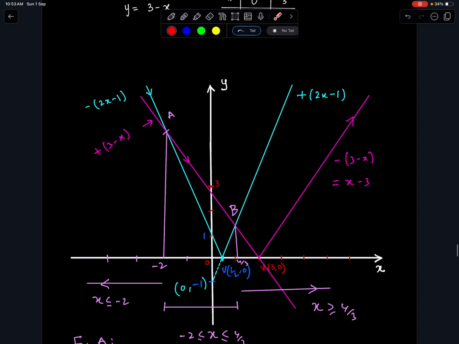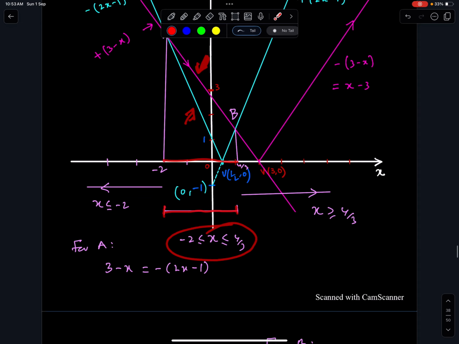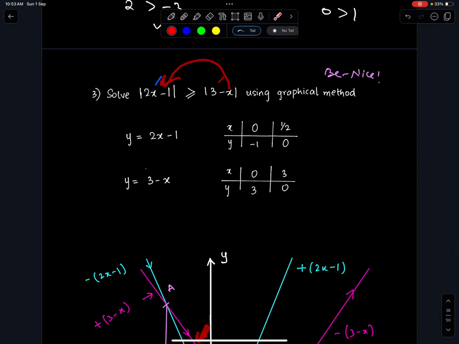So if we check this solution, then see this graph is clearly above this graph, and this graph is modulus 3 minus x. So for this solution, this is above this, which is wrong. We need to find where the graph 2x minus 1 is above this graph.